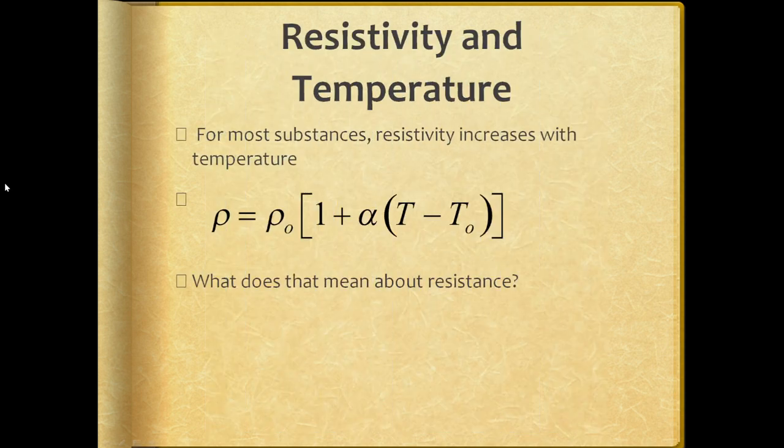So when using this formula in conjunction with that specific chart, the rho naught here is the resistivity constant at 20 degrees. That's the normal standard 20 degree resistivity constant right there.